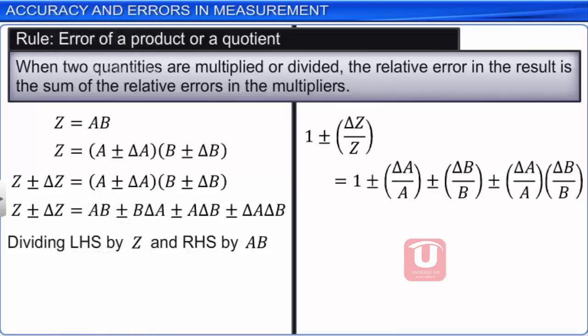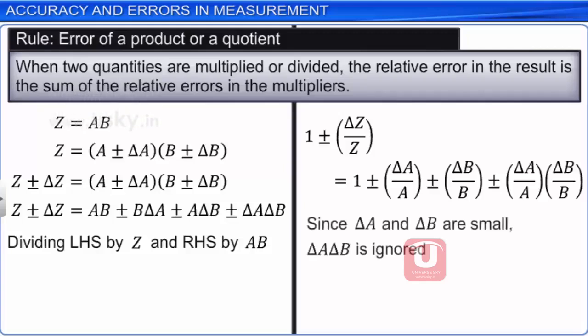Hence, the maximum relative error ΔZ/Z is equal to ΔA/A + ΔB/B. This holds true for division as well.